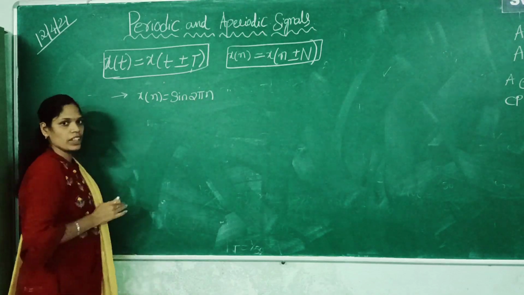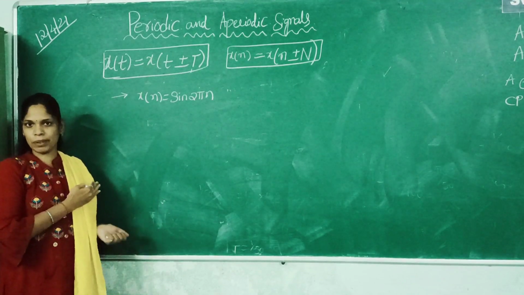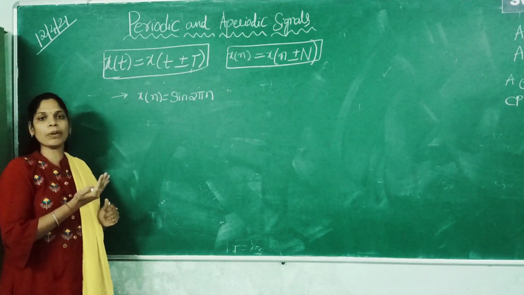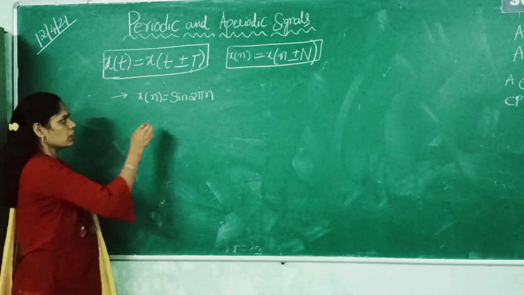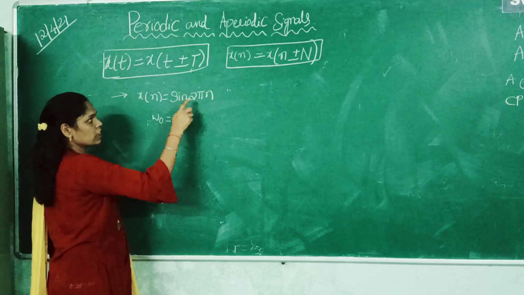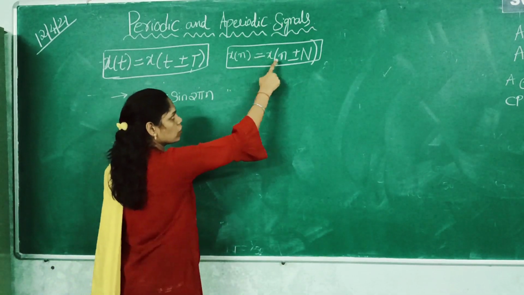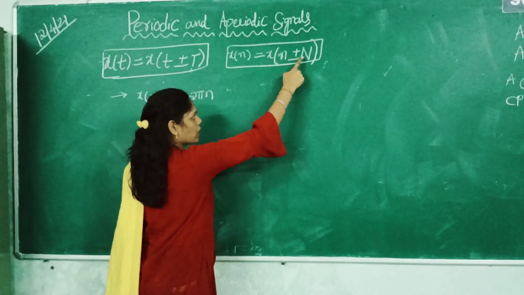I want to know whether its fundamental time period is available, only then is the signal called periodic. Otherwise it is nothing but an aperiodic signal. So from this equation, what is the form I have considered for the discrete domain? x of n equals x of n plus or minus capital N.